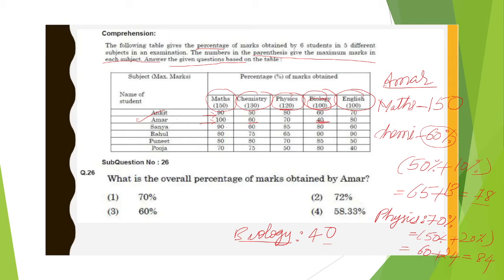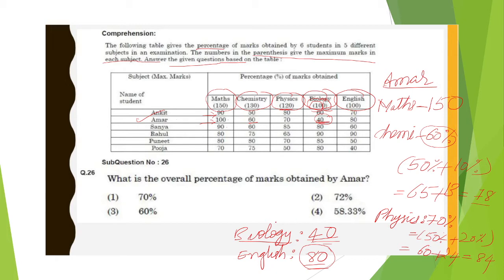Yes, 10 percentage means we cut the 0. Then English: 80 percentage out of 100 means 80 marks. Whatever the percentage is, out of 100 it equals the marks.